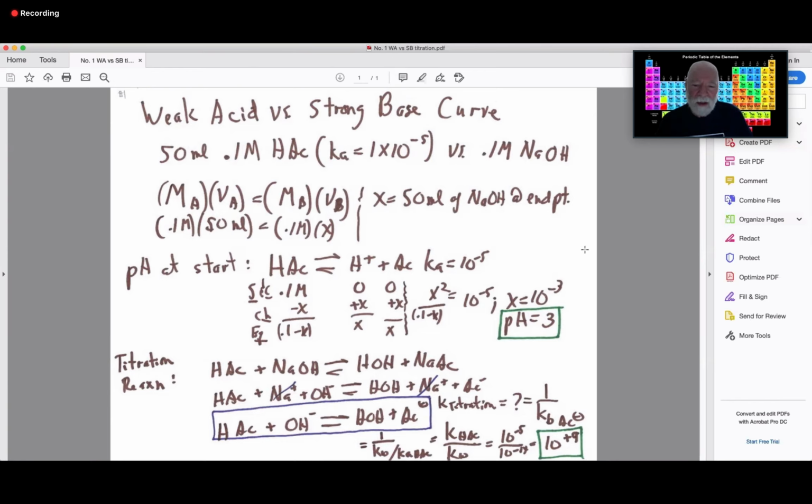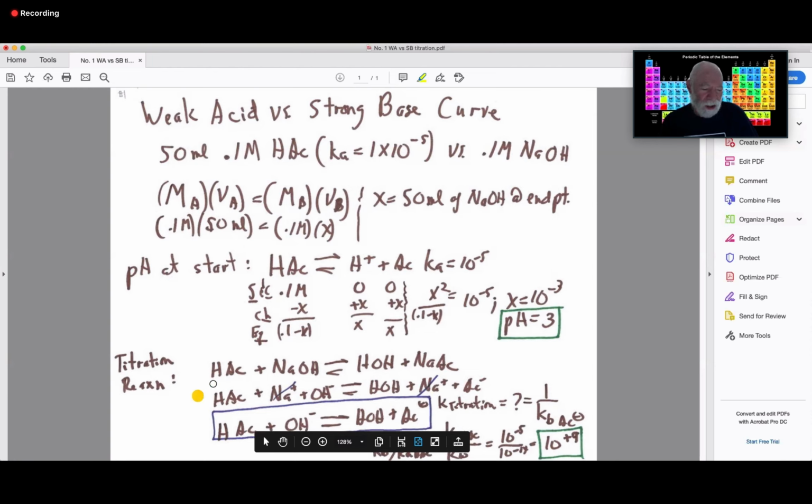Now here comes the tricky thing about doing a weak acid titration. The titration equation itself is kind of tricky. So the reaction is you have molecules of acetic acid plus sodium hydroxide, gives you the normal neutralization, water and a salt. The salt is sodium acetate. Okay, now when you go to the ionic equation, it's a little bit tricky. Okay, so look at the second line here under the titration reaction.